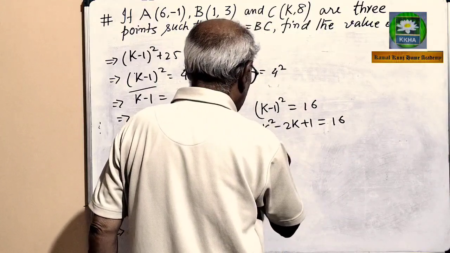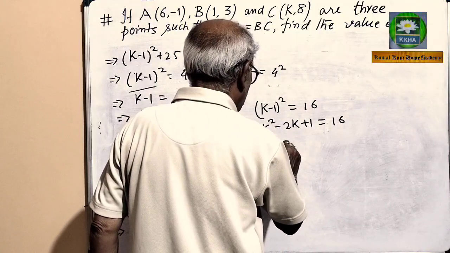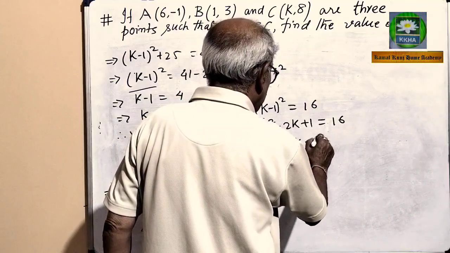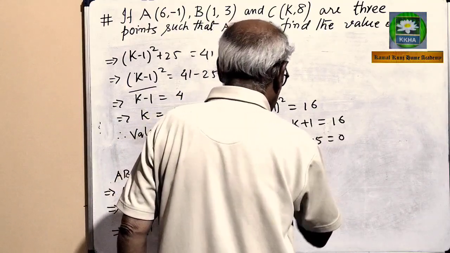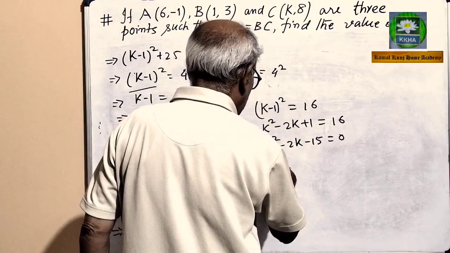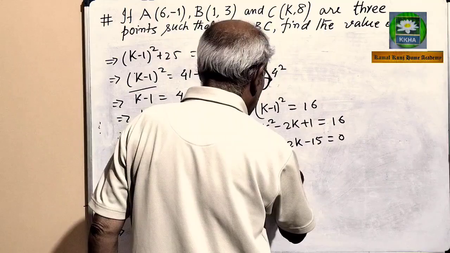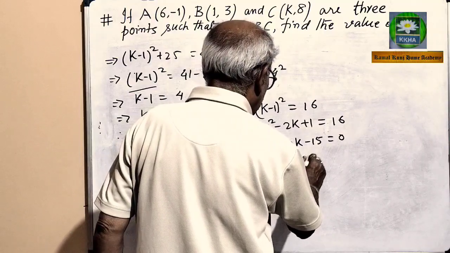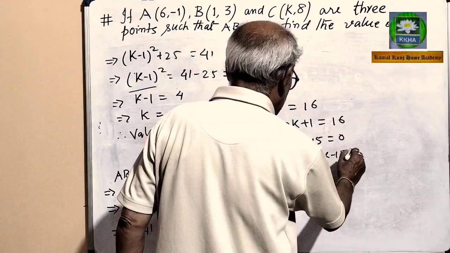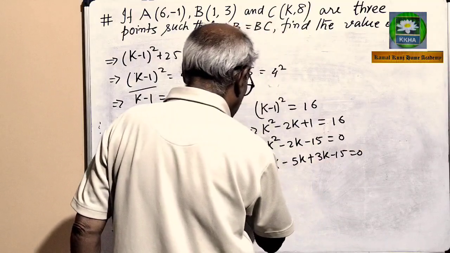This implies that K square minus 2K minus 15 is equal to 0. This implies that K square minus 5K plus 3K minus 15 is equal to 0.